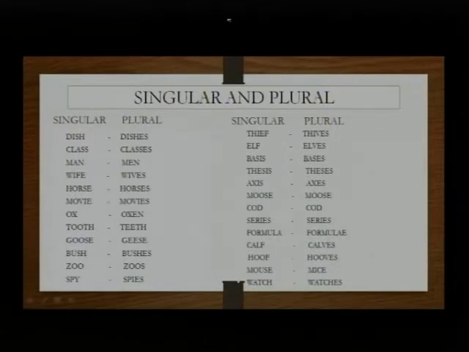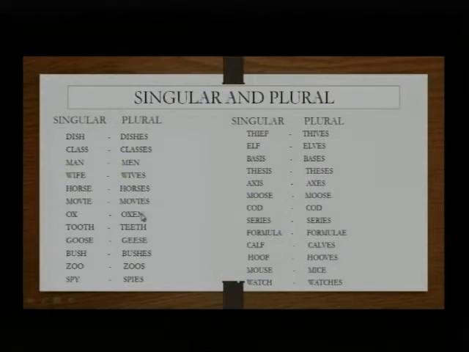man. Yes, see this. For example, here we see man, men. We don't write mans or men's. Man, men. Wife, wives. Horse, horses.